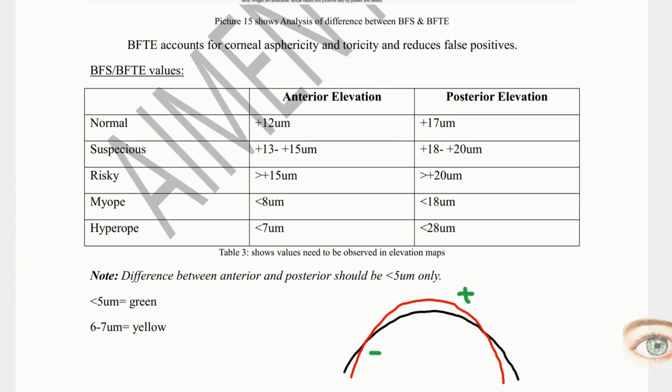And it's very risky if it is more than 15 in the anterior and more than 20 in the posterior elevation. So if your patient is a myope, the value should be less than 8 microns in the anterior elevation and less than 18 microns in the posterior elevation. And if it is a hyperope, it should be less than 7 microns in the anterior elevation and less than 28 microns in the posterior elevation.